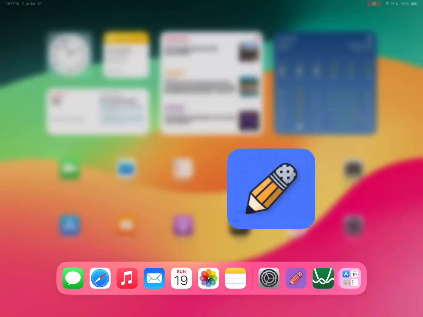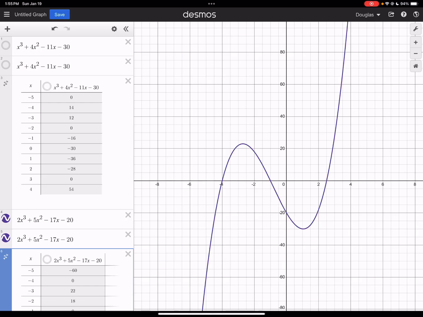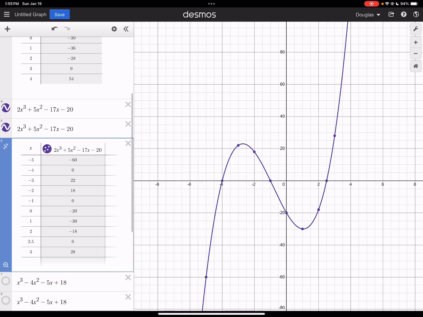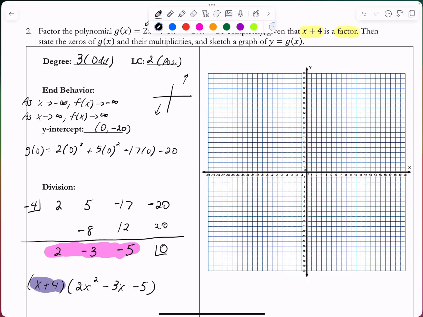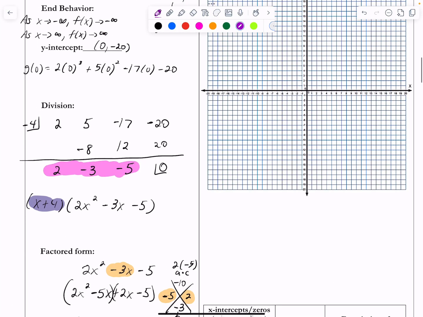Let me make sure I know what color I had on Desmos. So I'm going to put the red one away, and we're going to use purple for this next one. All right, so purple, my x-intercepts of -4, -1, and then 2.5. And this, remember, the y-intercept is able to be plotted, 0, -20.